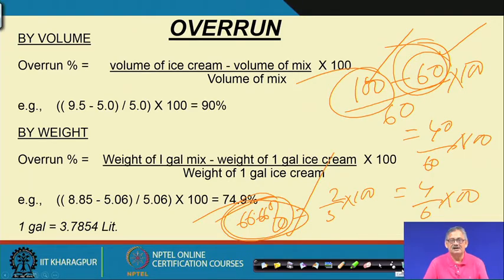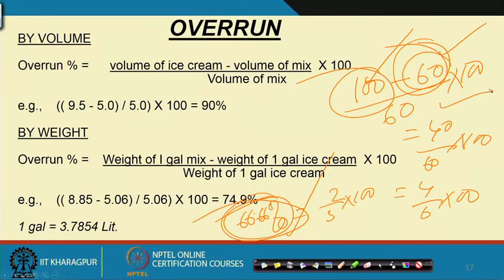The mix is the entire thing, solid and liquid all put together before it goes to the freezer, that is called the ice cream mix, right. So, it is not that I can give more or you can give less. This is one example of getting the overrun very low.